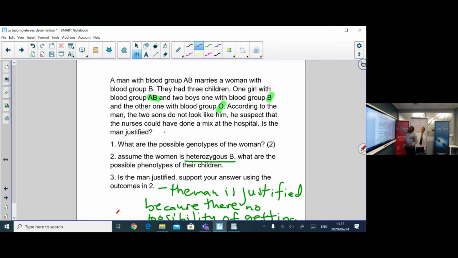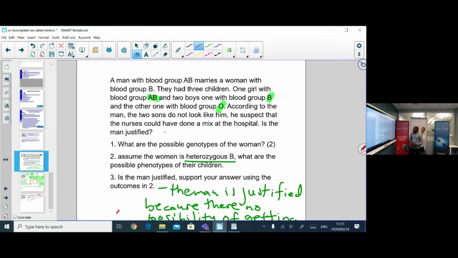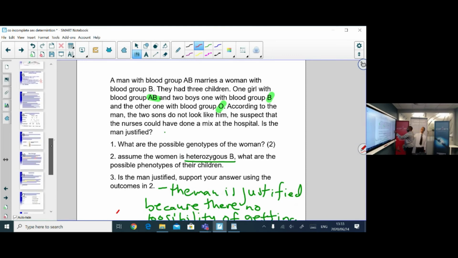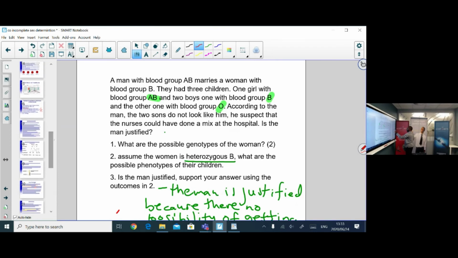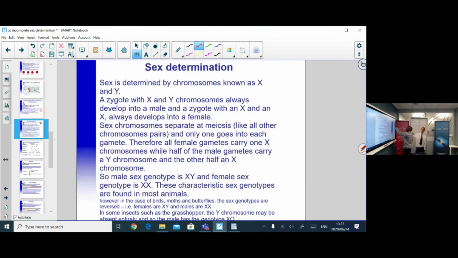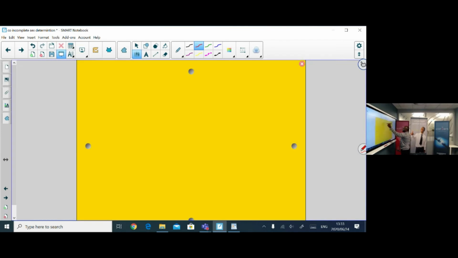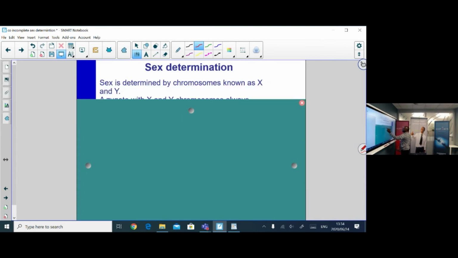All right. Let's look at a similar aspect that I said we should look at. Sex determination. Let's take it step by step.